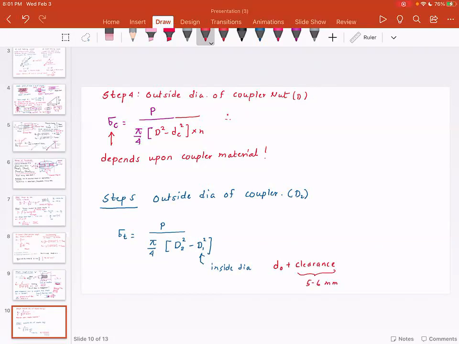If you look at the textbook, a textbook uses a slightly different formula for finding the outside diameter of the coupler nut. So what they do is they find the outside diameter of the coupler nut using the tensile failure. That is fine too.